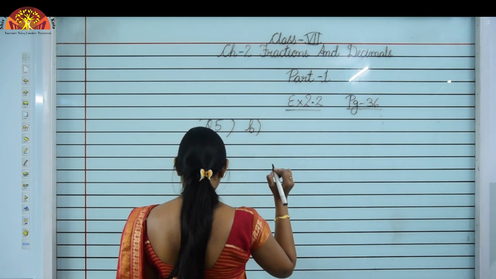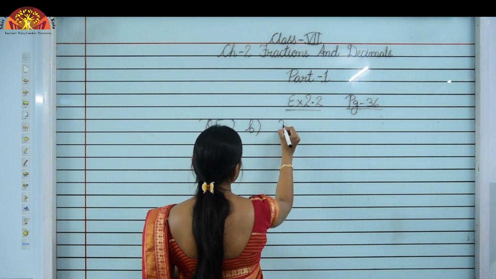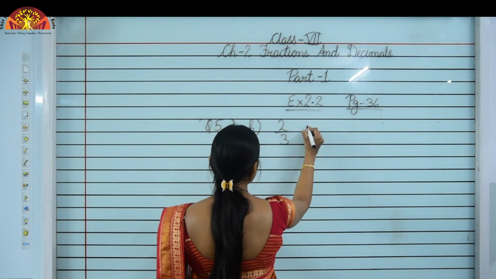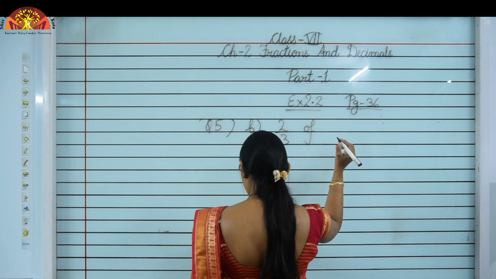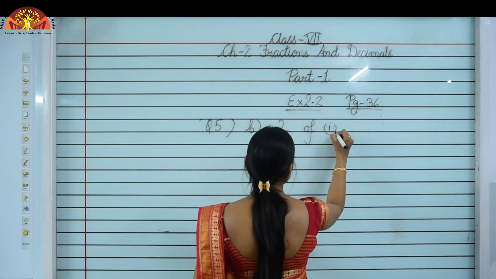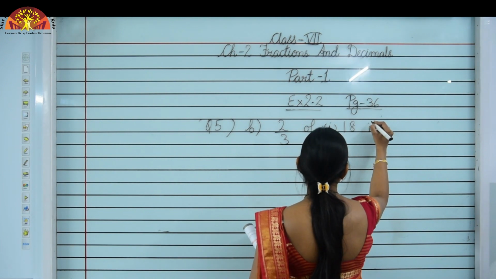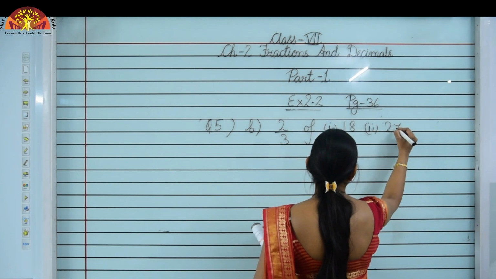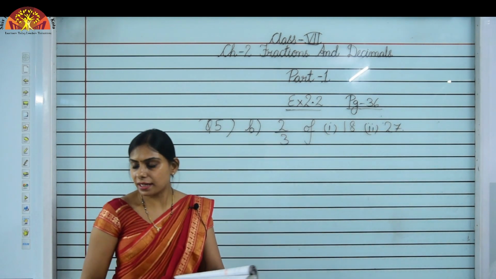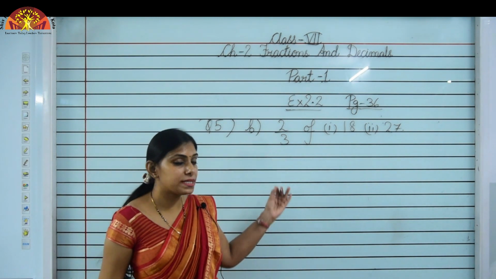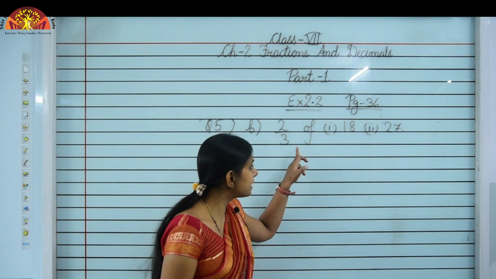Question 5, part B: 2/3 of 18 and 2/3 of 27. Now children, as you are already aware, of represents the sign of multiplication, that is into.